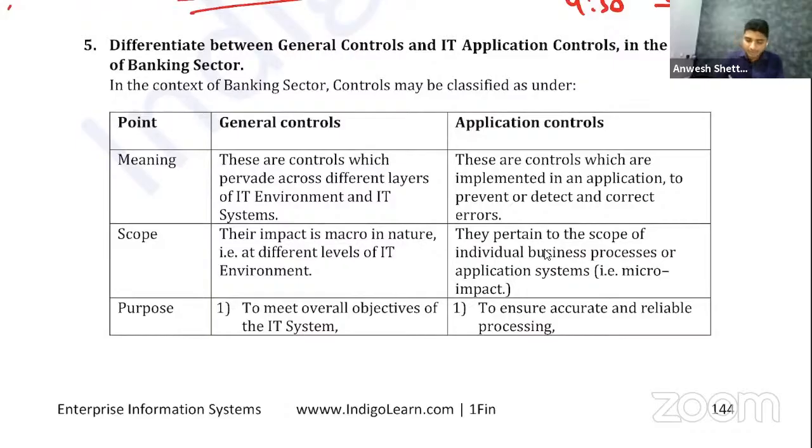They are talking about differentiating between general controls and IT application controls in the context of the banking sector. So only with respect to the banking sector are we supposed to discuss. Now, we already discussed this. I said internal control can be broadly classified into, okay, I'll put it like this.